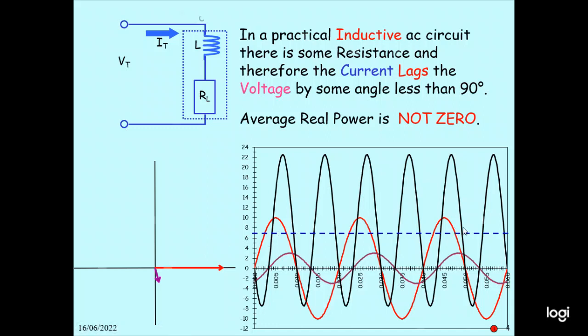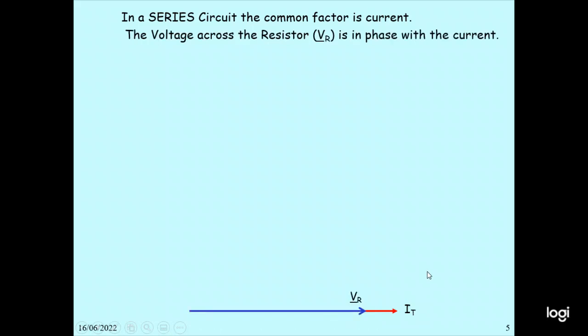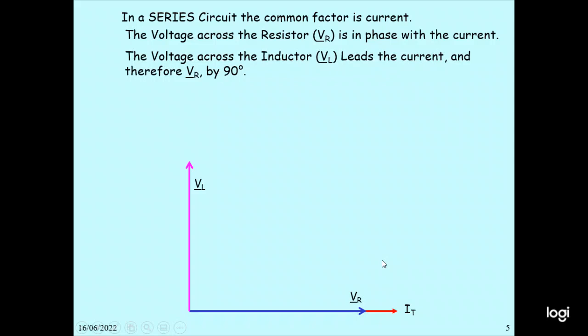So in a series circuit, the common factor is current. So this one is the reference phasor. The voltage across the resistor VR is in phase with the current. So this voltage is the blue one, in phase with the current. The voltage across the inductor VL leads the current by 90 degrees.